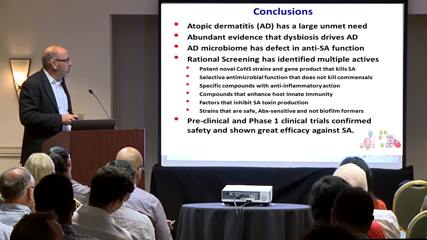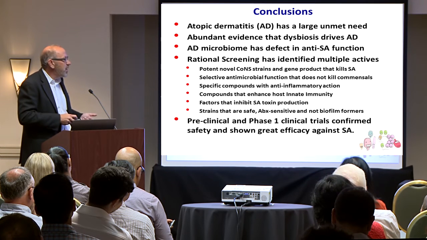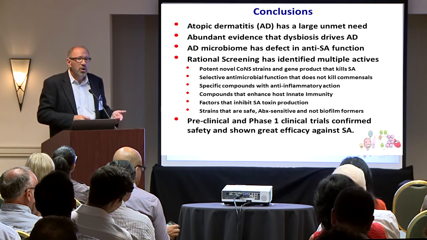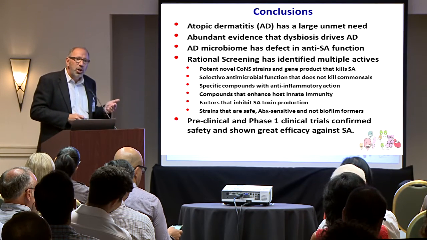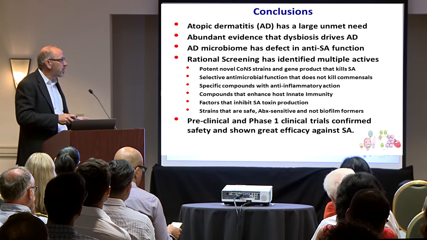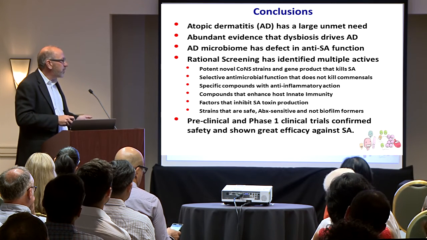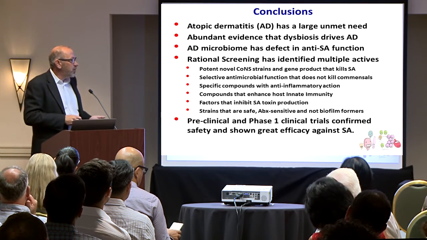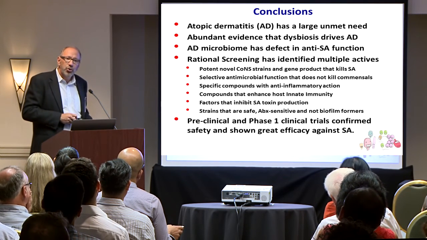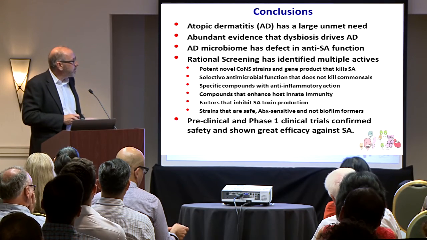And then ultimately strains that are safe, that are antibiotic sensitive, and are not biofilm formers. So applying them, we know a lot about them in case something should go wrong. The preclinical and phase 1 clinical trials have confirmed the safety, and I think they're showing great efficacy against Staph aureus, and we'll have to wait and see if this is a perhaps long-term cure for the disease.